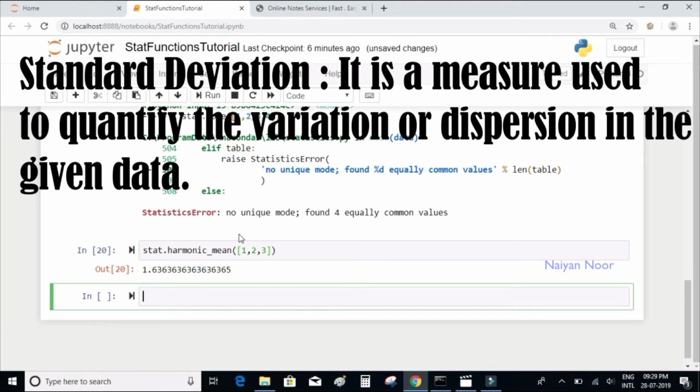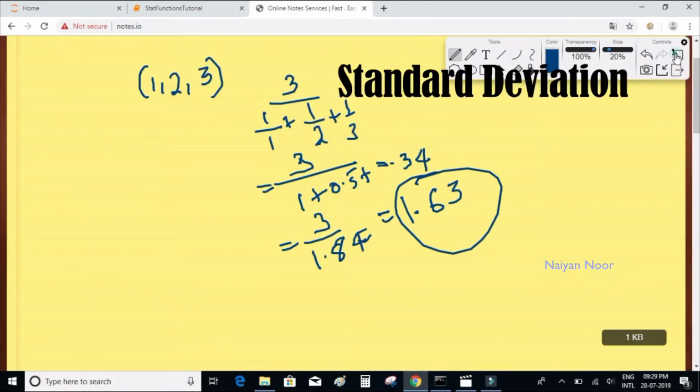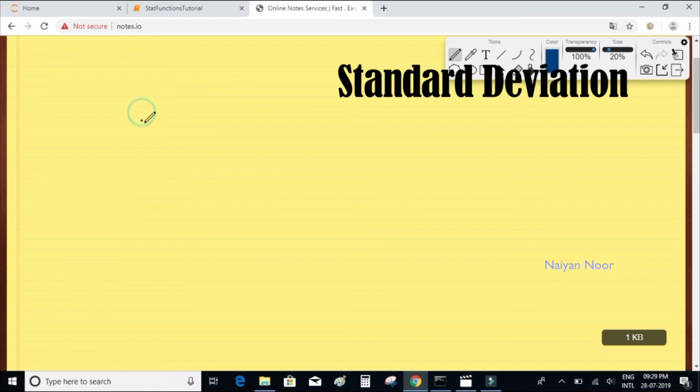The formula for finding the standard deviation goes something like this: S equal to square root of 1 divided by n minus 1 into summation of i equal to 1 till n, (xi minus x bar) the whole square.